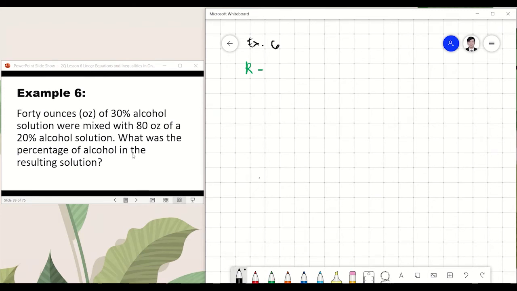As we all know, you go back to the question all the time and that's what you need to represent. What is missing is the percentage of alcohol in the resulting solution. So we say let X be the percentage of alcohol in the resulting solution.